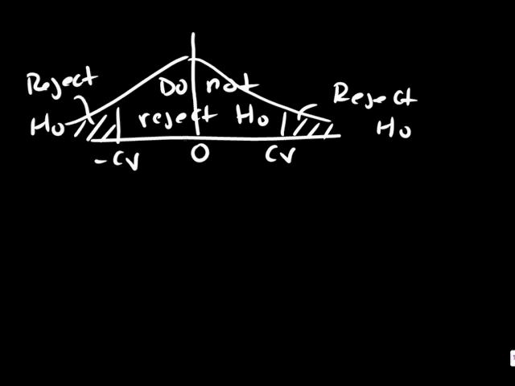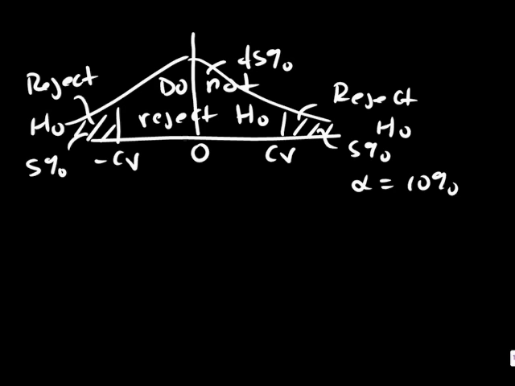Now, alpha here is 10%. So alpha being 10% means there's 5% in each tail. What that implies is that this region here that's not shaded is 45%.